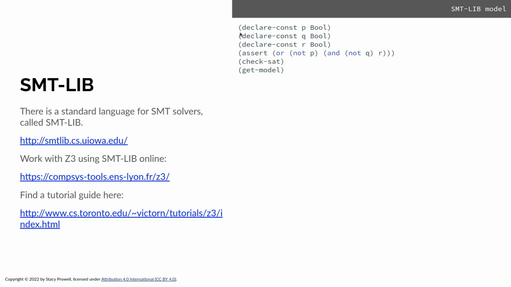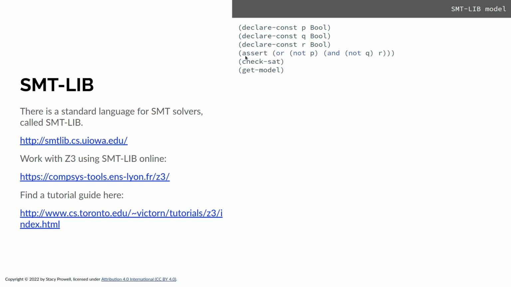So what I do here is basically the same thing I did in the Python, just the syntax is a little different. So I declare a constant P as a Boolean, and a Q and an R. So this creates 3 Boolean variables. It says constant, but again, what are these things? They're just things that hold a constant Boolean value.